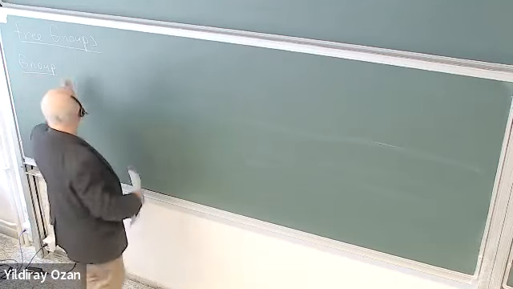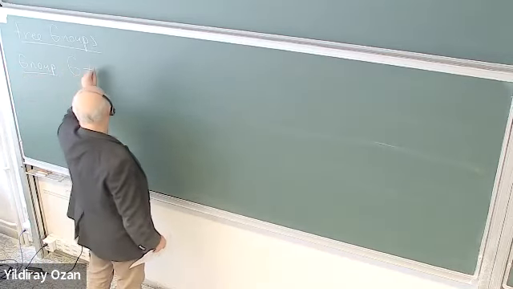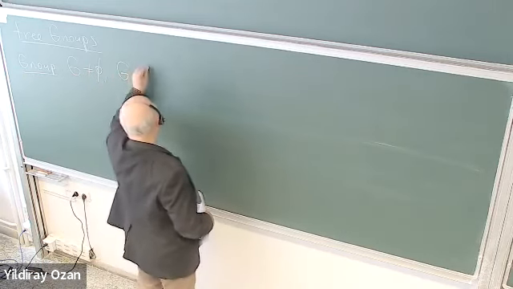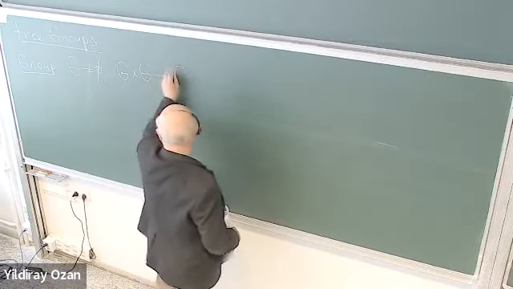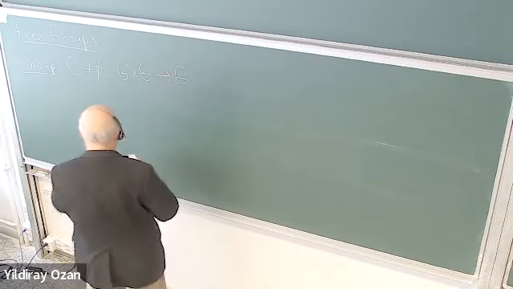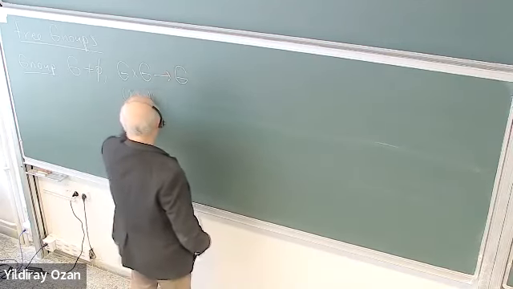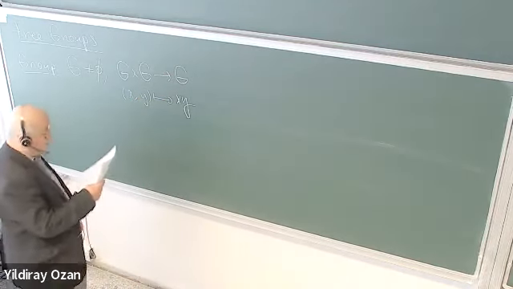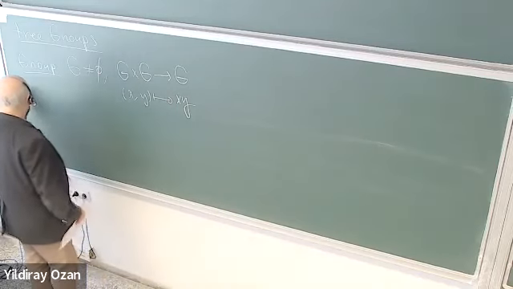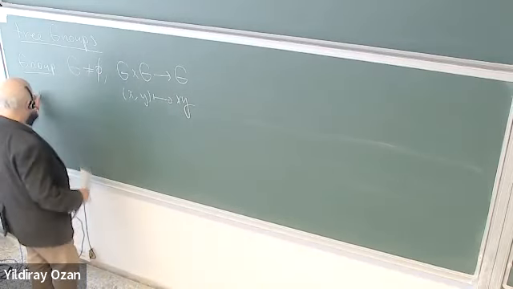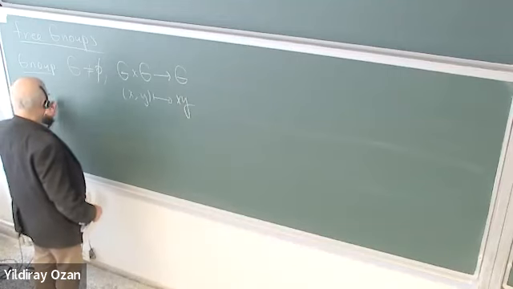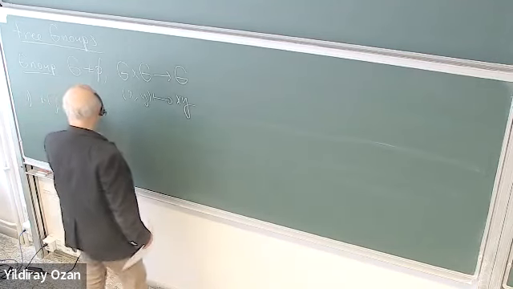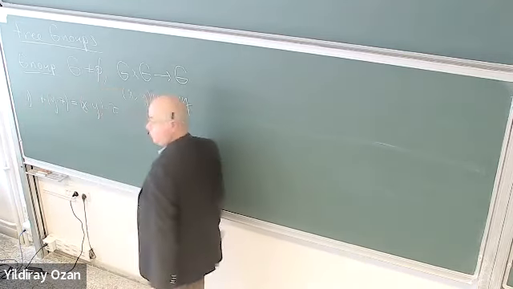A group G is a non-empty set with an operation on it, right? Which maps a pair of elements to their so-called product, satisfying the following properties. This operation is assumed to be associative.